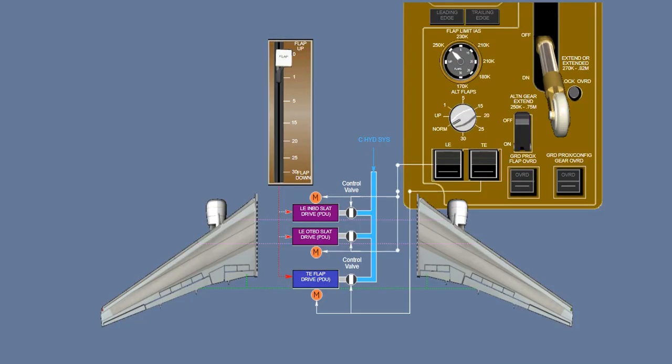With selection of the flaps 1 position, the flaps remain up and the slats move to the takeoff or mid-range position. The slats remain in this takeoff position with flaps selected to 5, 15, and 20.